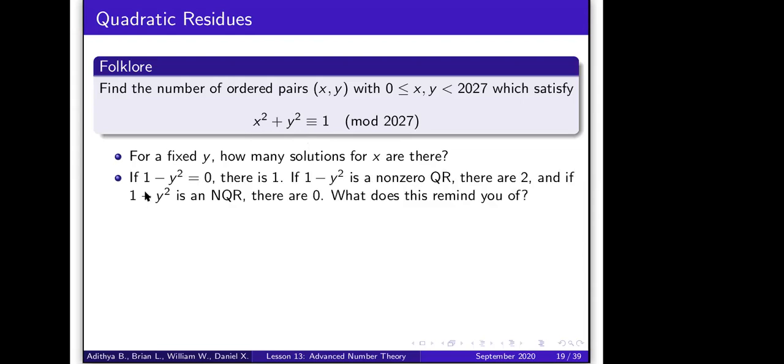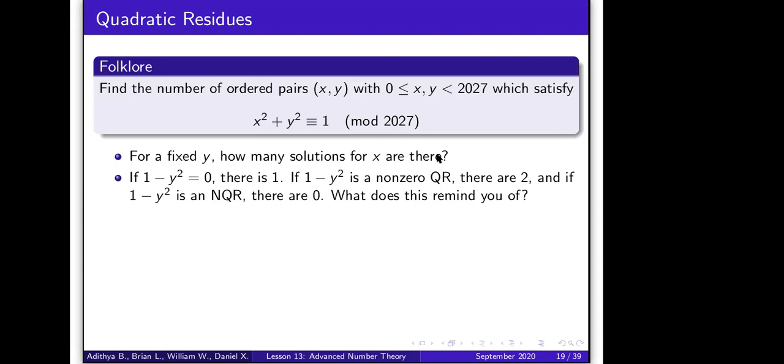In particular, if 1 minus y squared is equal to 0, then x has to be 0. So there's one solution. If 1 minus y squared is a non-zero quadratic residue, then there are two solutions for x, since it can be square root and negative square root. And finally, if it's a non-quadratic residue, there's going to be 0 solutions, because we need 1 minus y squared to be x squared.